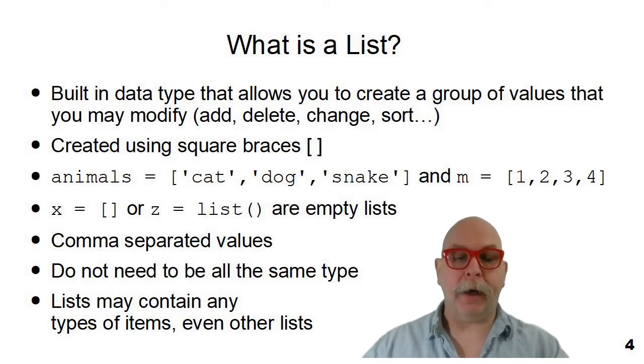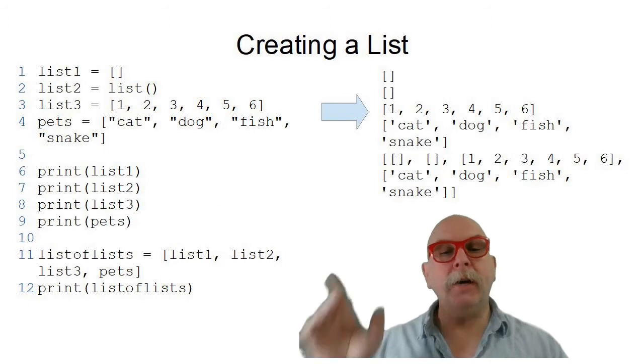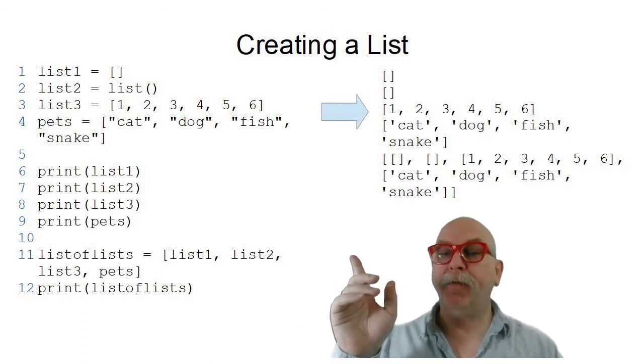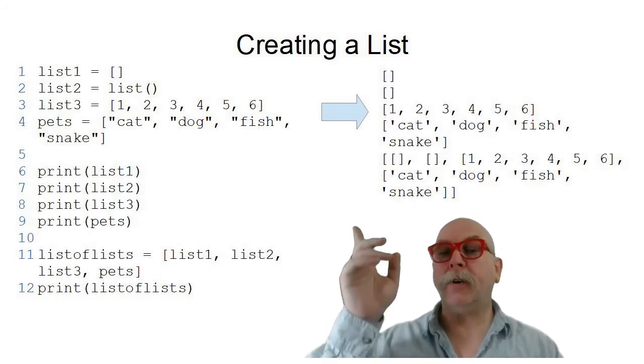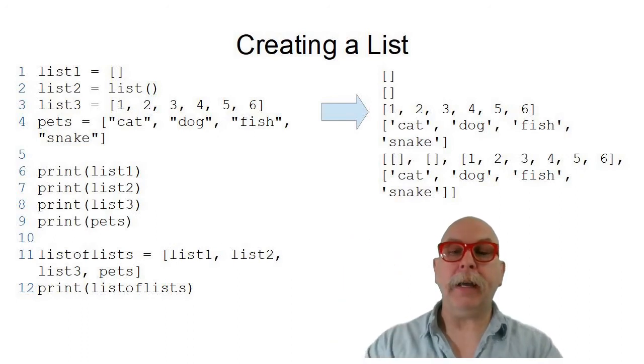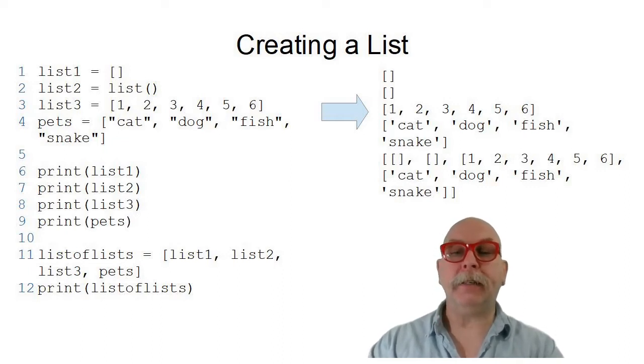So here's a little program where I create 4 lists. The first lists are called list 1, list 2, and list 3, and the first 2 contain nothing. They're empty lists. The next is a list of the numbers 1 through 6, and the next is a list of common pets people have: cats, dogs, fishes, and snakes.